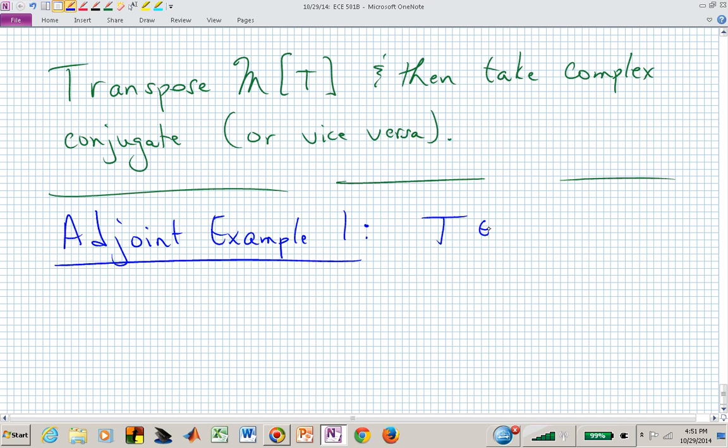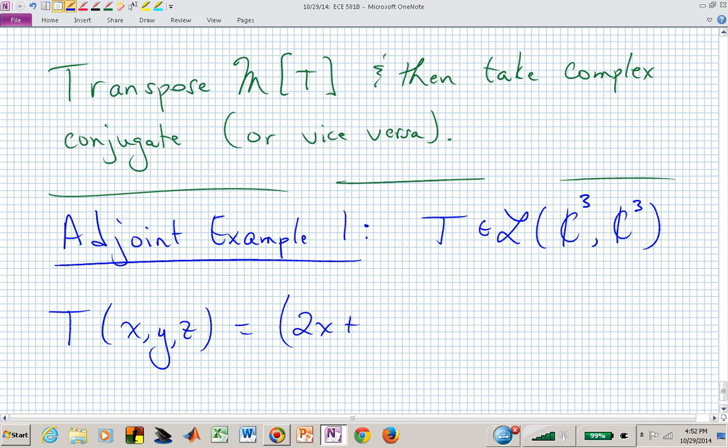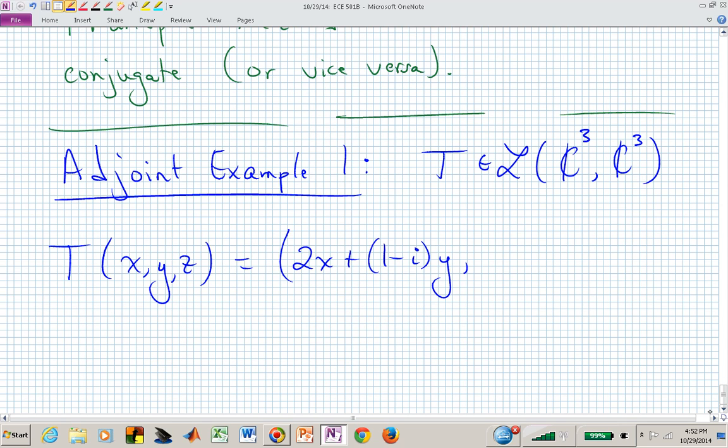And let's say that we begin with a linear map T from C3 into C3. Suppose that the linear map T of x, y, z is, now we need to find three coordinates. The first coordinate is 2x plus (1 minus i)y.